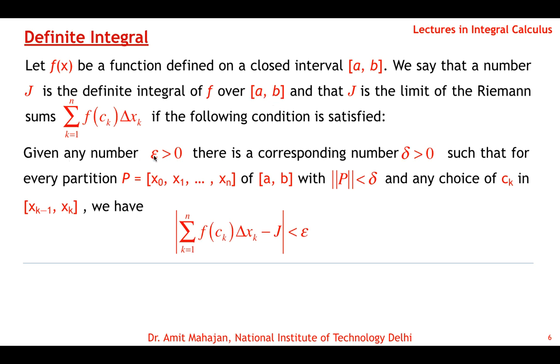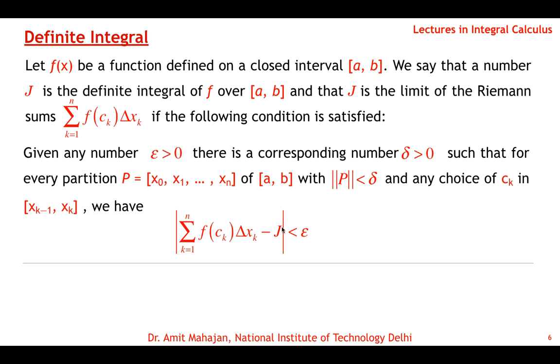Given any epsilon positive, there is a corresponding number delta positive, such that for every partition x0 to xn of ab with the property that norm of P is less than delta, and any choice of ck in the subinterval xk minus 1 to xk, the Riemann sum is sufficiently close to the number J, which is the definite integral of the function.